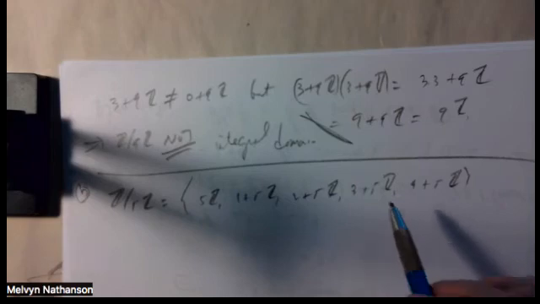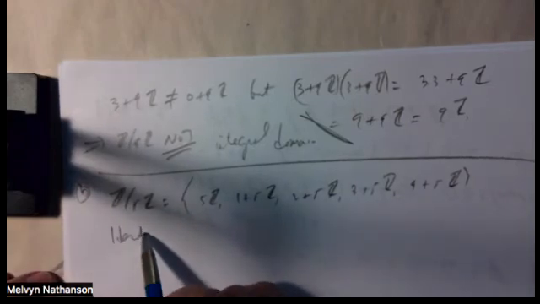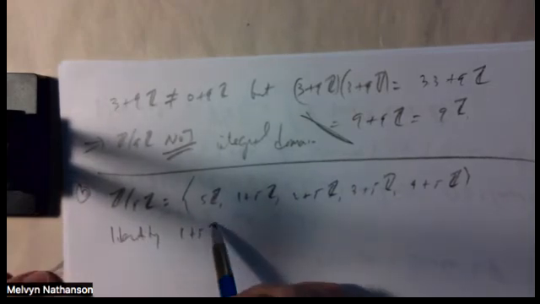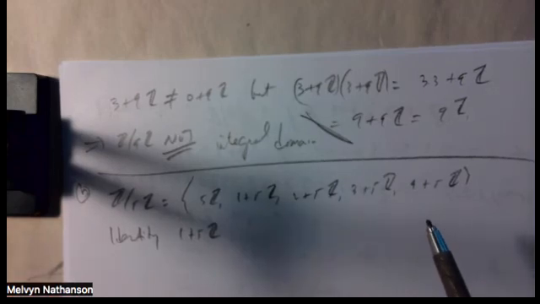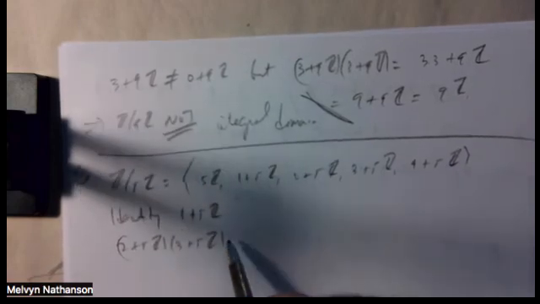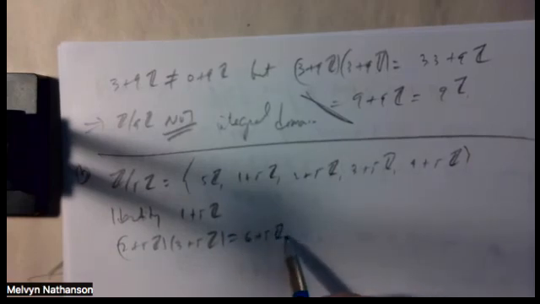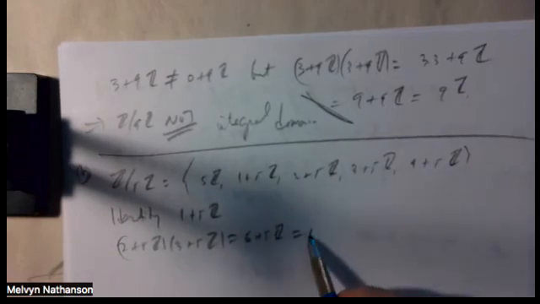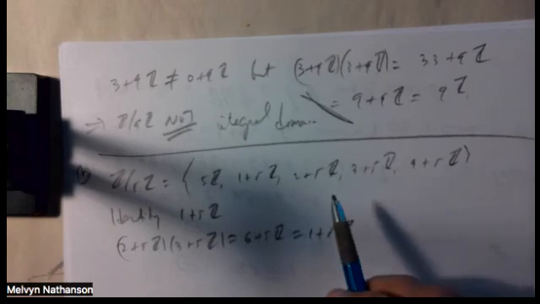And the identity element is 1 plus 5Z. And if you check, 2 plus 5Z times 3 plus 5Z is 6 plus 5Z. 6 is congruent to 1 mod 5.